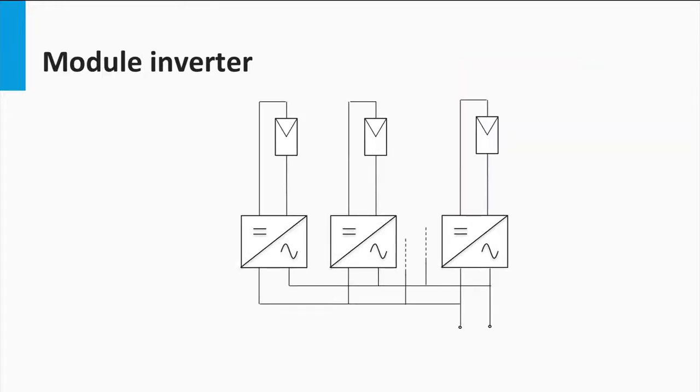Next, let's look at the microinverters or module-level inverters. As the name suggests, each module has a dedicated inverter with a maximum power point tracker. Therefore, the topology is more resilient to partial shading effects as compared to the central inverter topology.